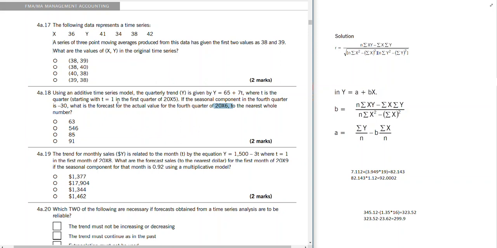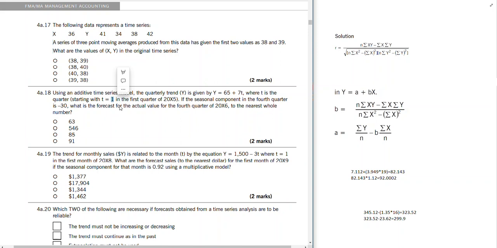Remember, in our calculations, we calculated the jump. But in this question, they said assume the first quarter of 2015 becomes T1. It doesn't become T0. Because maybe we already have data collected from the ending quarter of the fourth quarter of 2014.